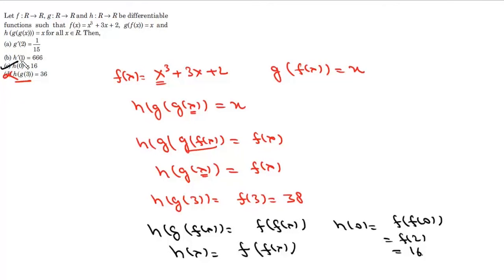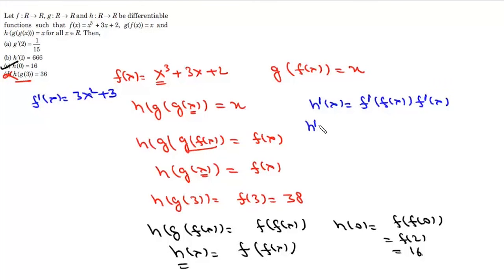Now we have to find h dash 1. We have to differentiate this. We can write h dash x as f dash f(x) into f dash x. Now f dash x is 3x square plus 3.